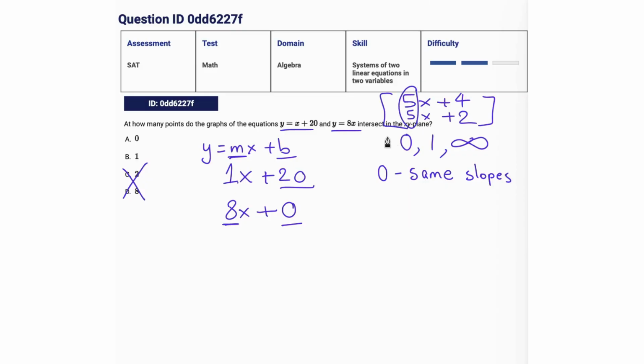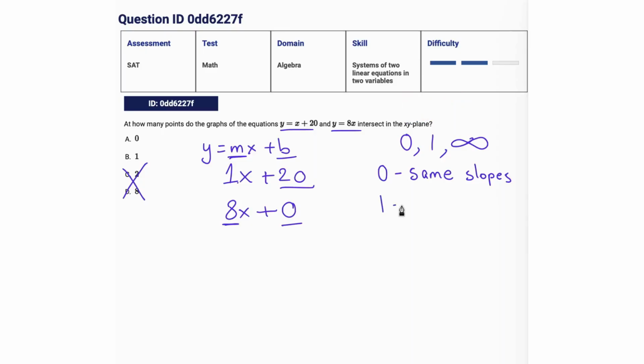And if you have the same slope but different y-intercepts, then they are parallel. All right? So in that case, you have 0 intersections because two parallel lines never meet, correct? Yes. Okay. That's one example.